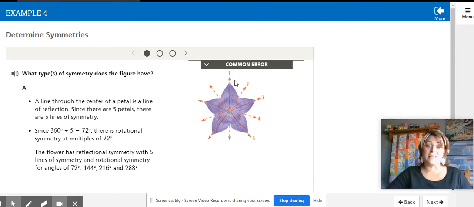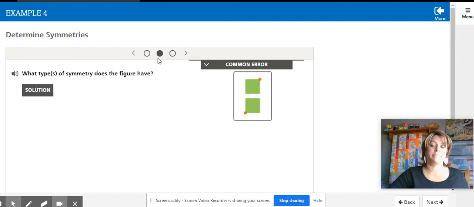So that means from here to here would be 72 degrees, and then add 72 more. And so that's how they get the 144, and then add 72 more, that's 216. Add 72 again, that's 288. And if you added 72 one more time, you'd be at 360. But again, we don't count 360.